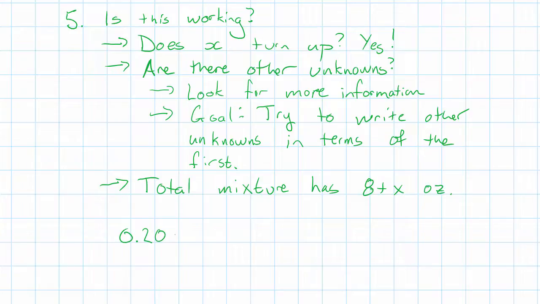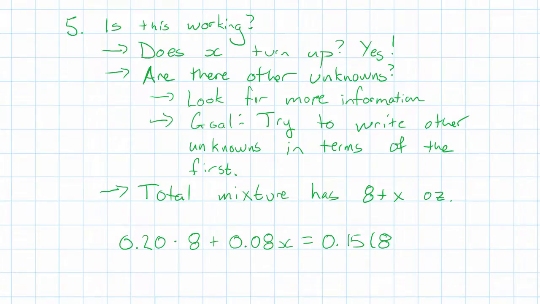So my 0.20 times 8 plus my 0.08 times X should be the same as my 0.15 times 8 plus X. Hey, this is actually going pretty well now, because this is an equation I can solve.